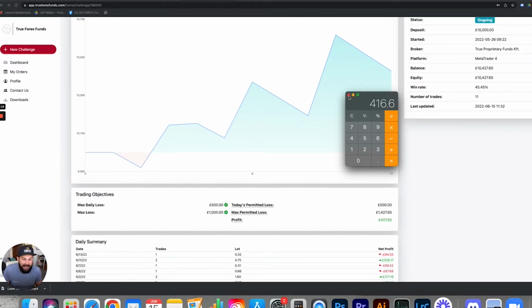So that is the update for my Aussie Chef breakdown and the back end to where I am currently on my True Forex Funds account. That is where I am currently, up 4.27%. Really happy with that.